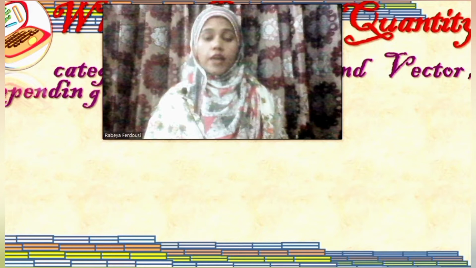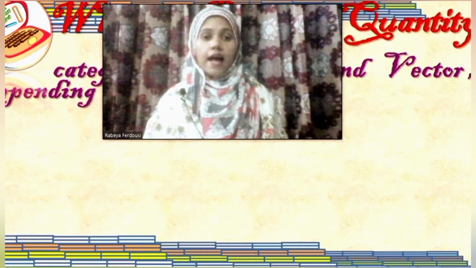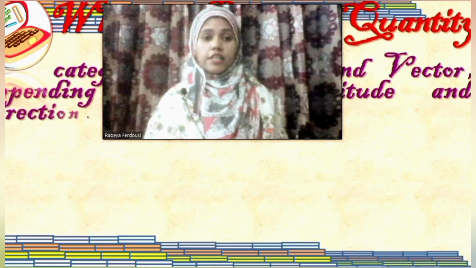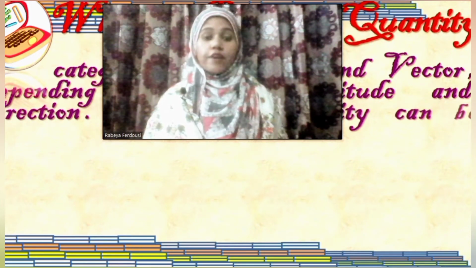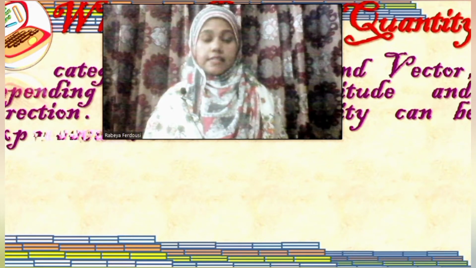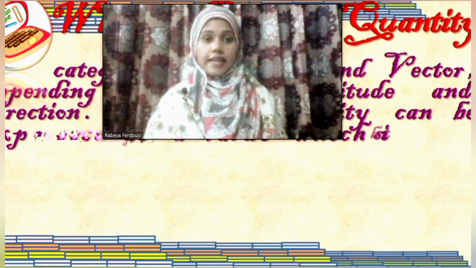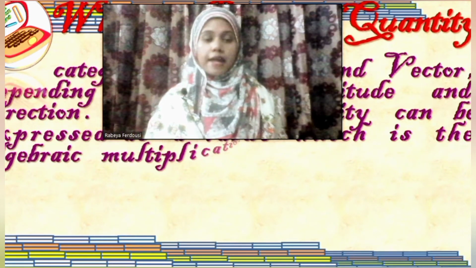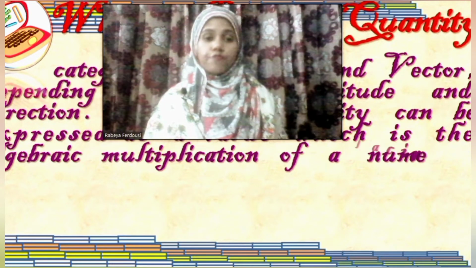A physical quantity can be expressed as a value, which is the algebraic multiplication of a numerical value and a unit. For example, if I say my body mass is 50 kg, here you can see I have expressed my body mass as 50 kg.